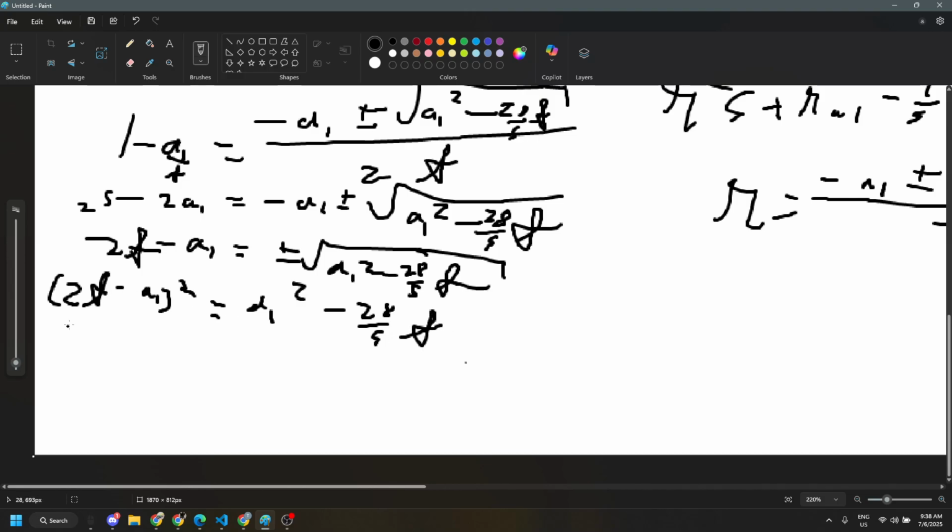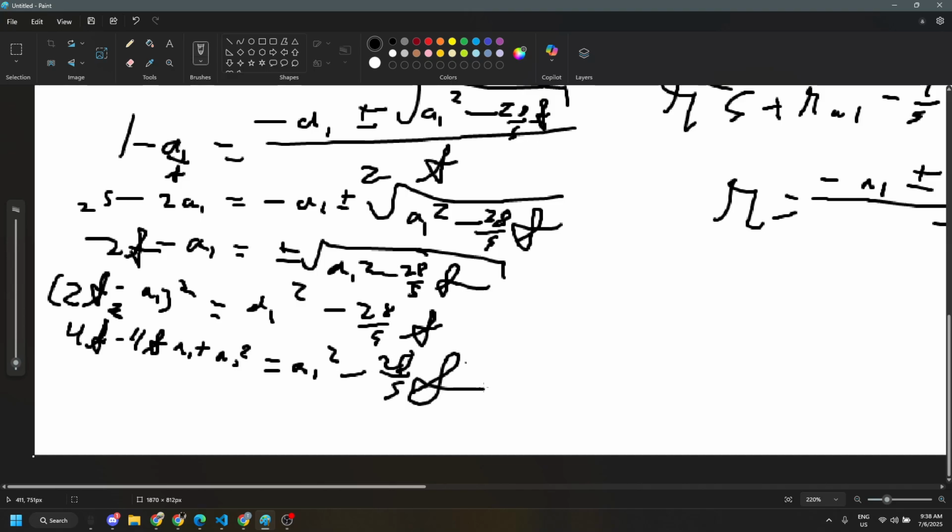So then we have 4S squared minus 4S A1 plus A1 squared is equal to A1 squared minus 28 over 5S.